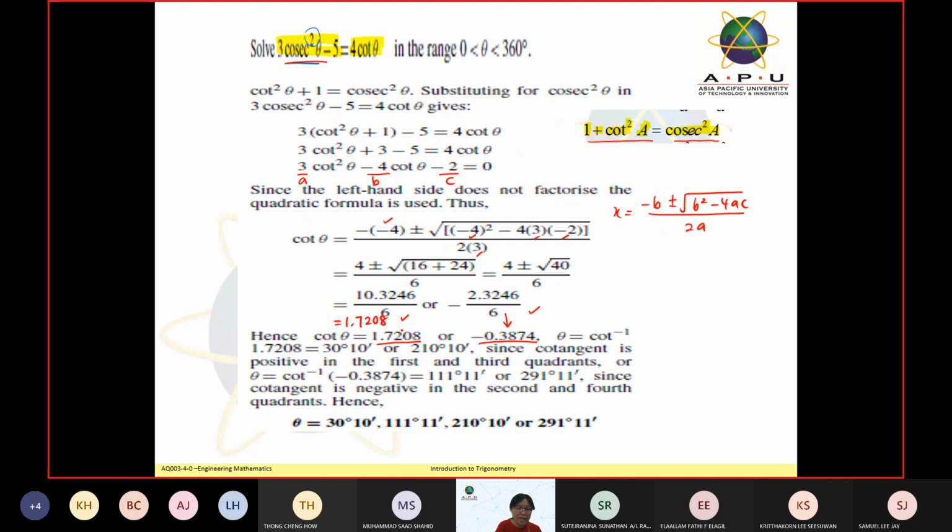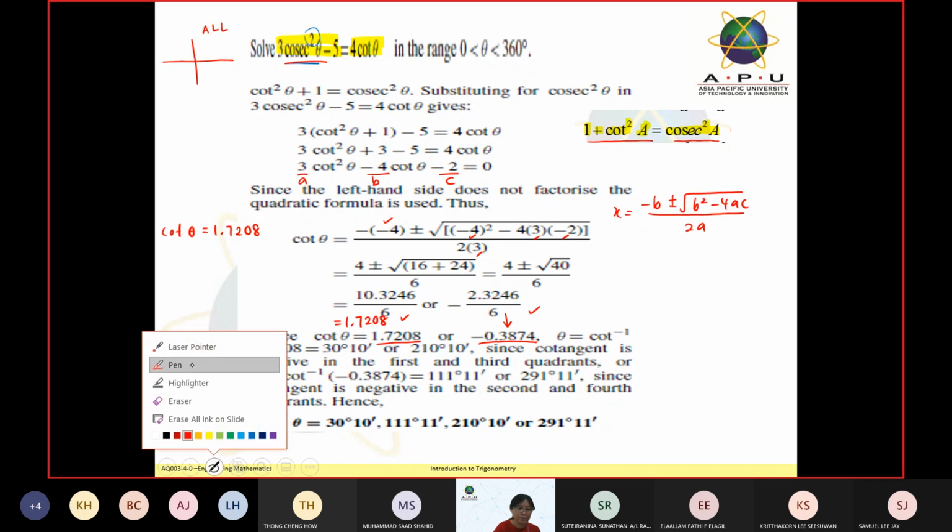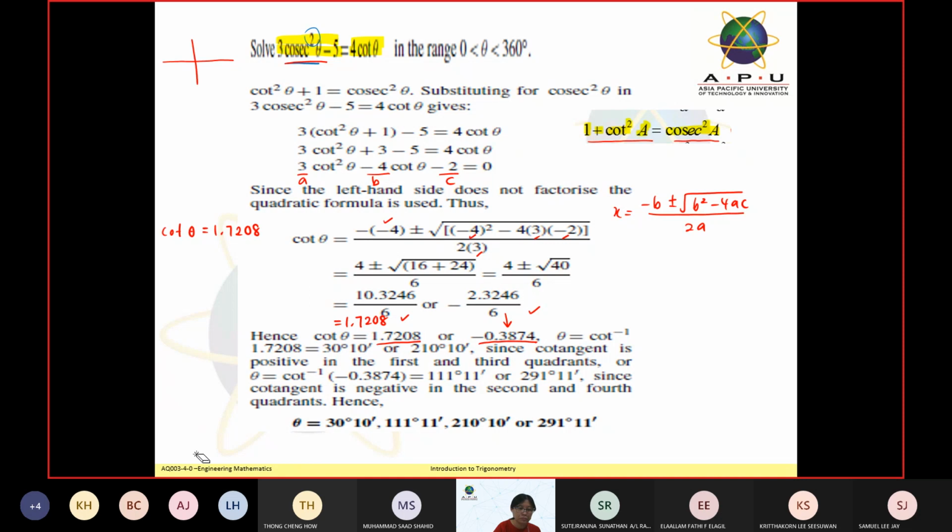Cotangent theta equals 1.7208. Can you see this is positive, right? If we have a cotangent, we should refer to tangent, because cotangent is equal to 1 over tangent.